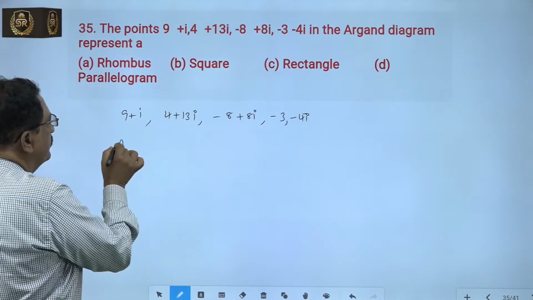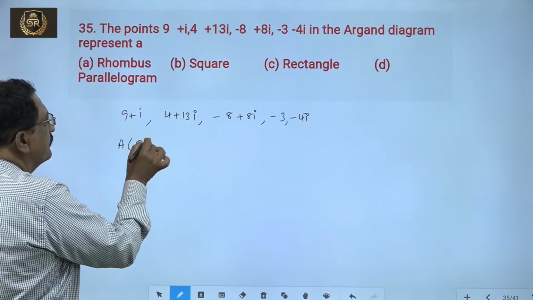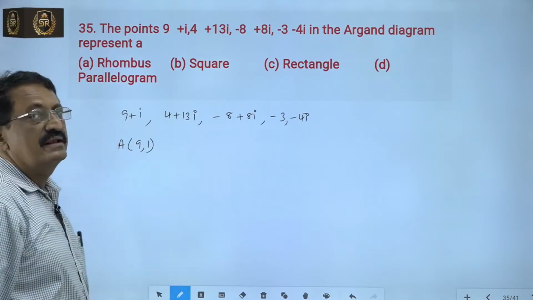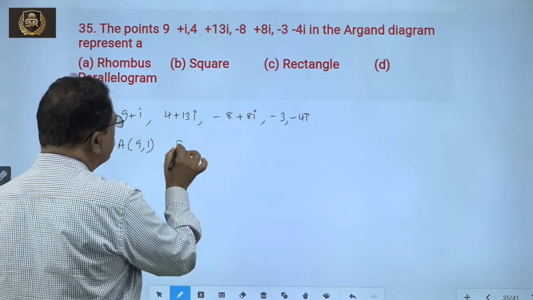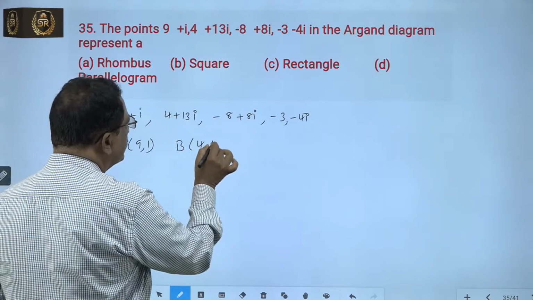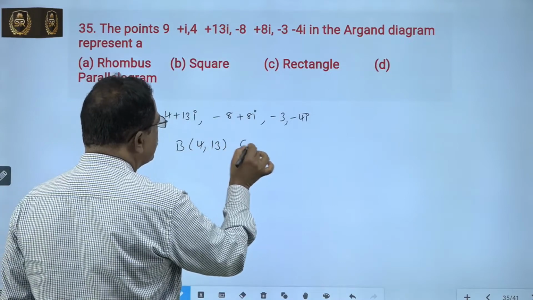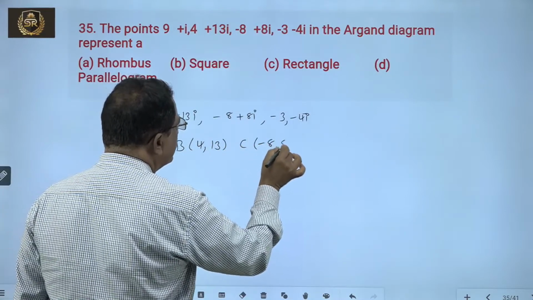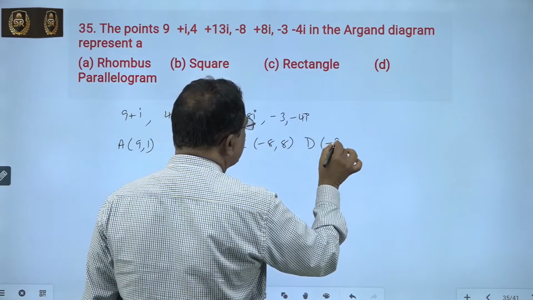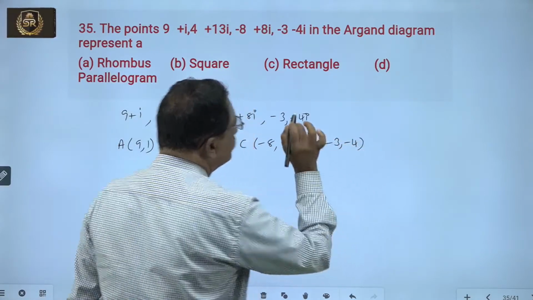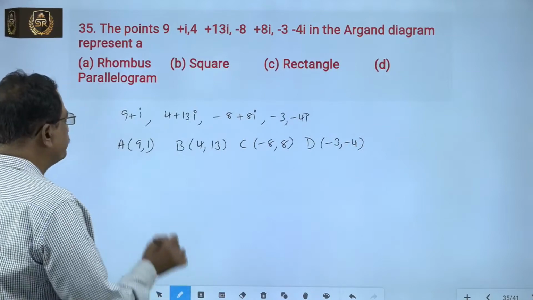First point A, 9 comma 1. Real part is 9, imaginary part 1. Second point, consider B, 4 comma 13. Third point C, minus 8 comma 8. Fourth point D, minus 3 comma minus 4.